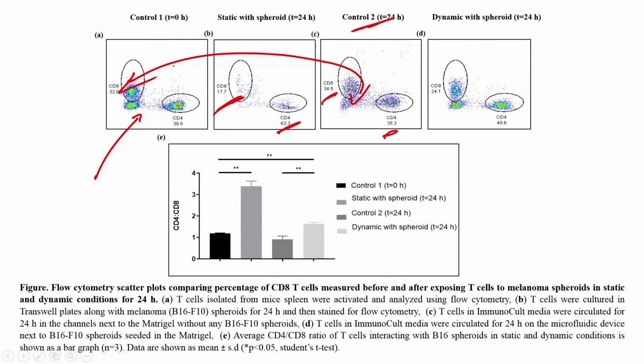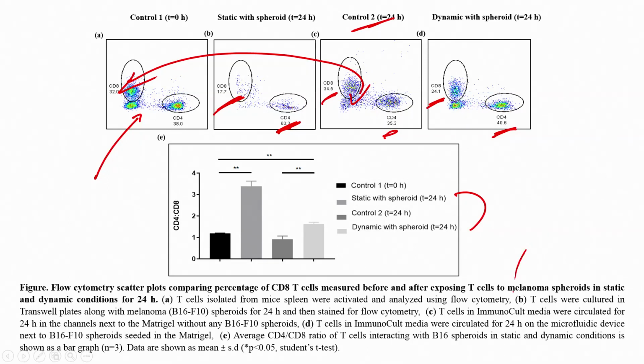And when we have the dynamic with spheroid experiment, the CD8 concentration is different from the CD4 concentration, you can clearly see here. Thus, we can see that compared to control either at 0 or at 24, the results for static and dynamic are statistically significant, while if you just consider the dynamic experiment with static, then also you can clearly see that the results are statistically significant.